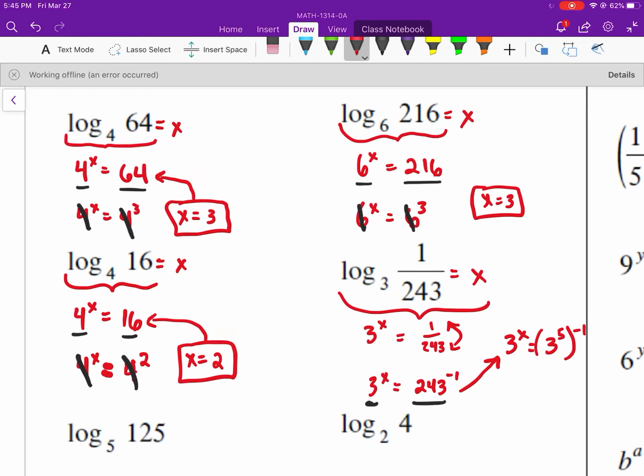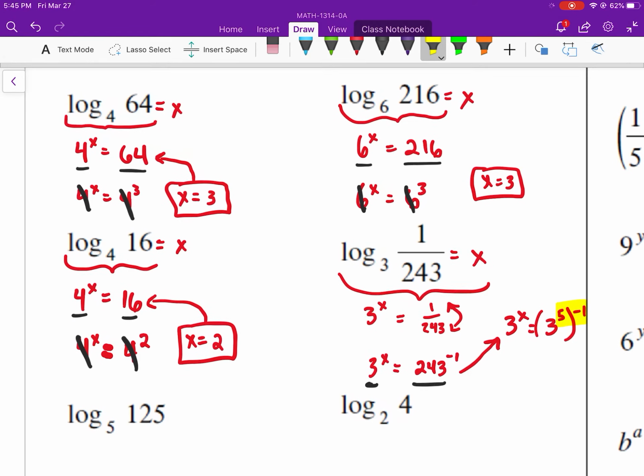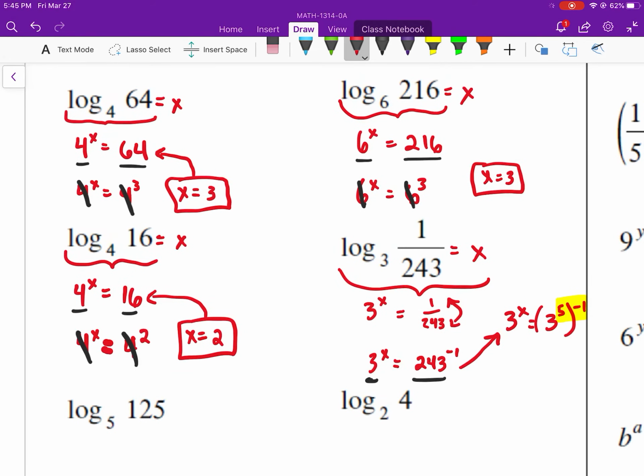Let's not forget that we also had that negative 1 there. Alright, so we went from here to here. Now, let's not forget what we have to do with these right here. When we have a power to a power, we have to multiply these. Alright, so let me write that. Multiply. Okay? 5 times negative 1. So let's write that. 3 to the x power equals 3 to the negative 5.